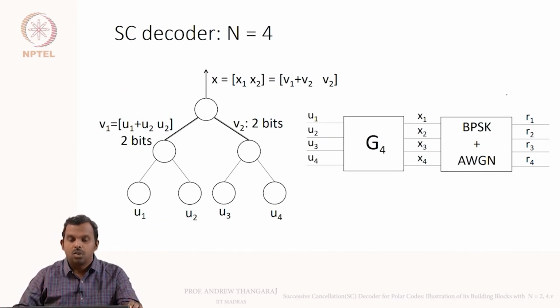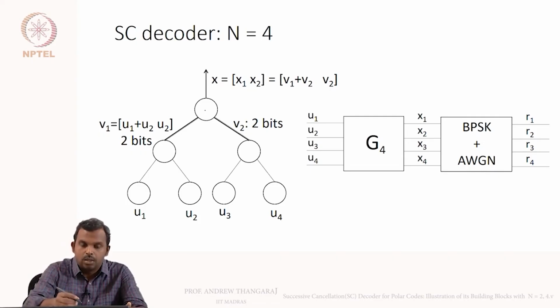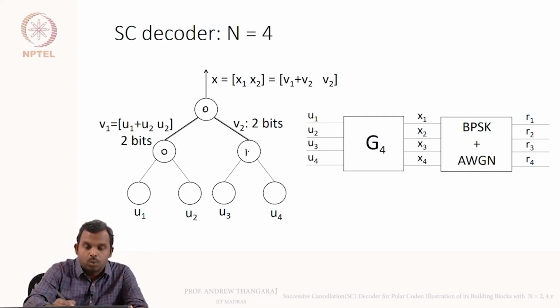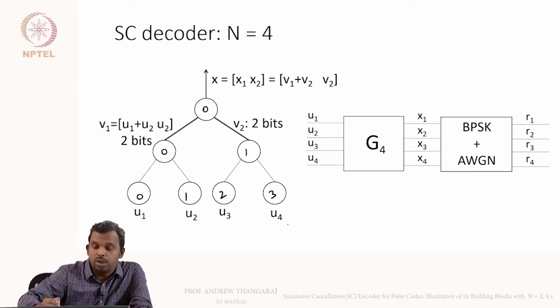Now how is the situation for n equals 4? If you remember, the binary tree is slightly larger, you have depth 2. The root node is here, then you have depth 1 nodes, and then depth 2 nodes, and you have u1, u2, u3, u4.